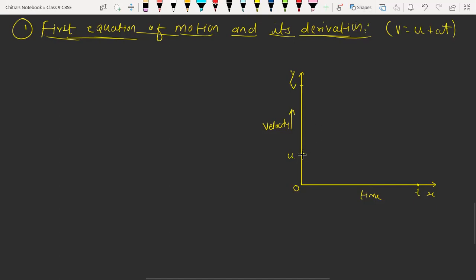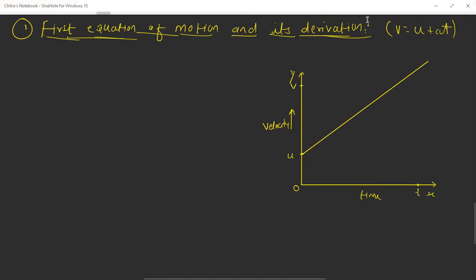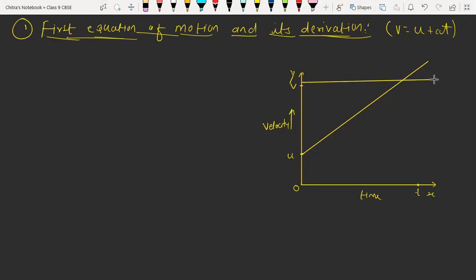Now I'm going to draw the graph for the acceleration of the object. Here we have u, and here I am taking the line which will show the acceleration. See, that intersecting point is for final velocity. And I'm taking time t here.